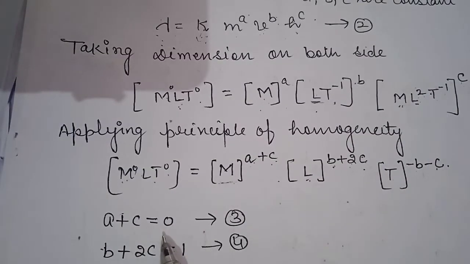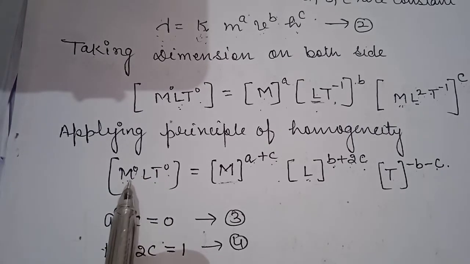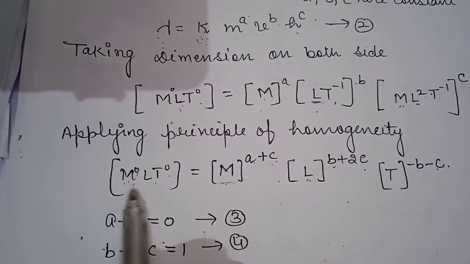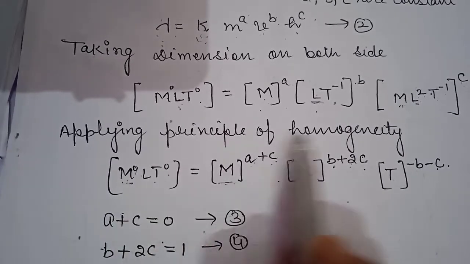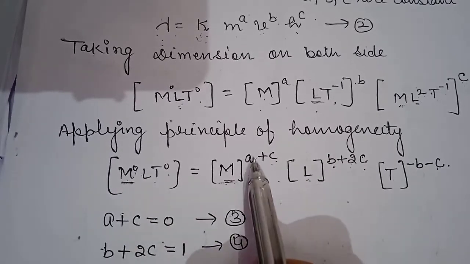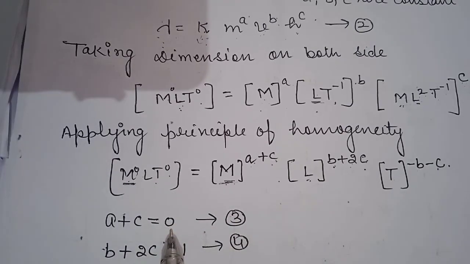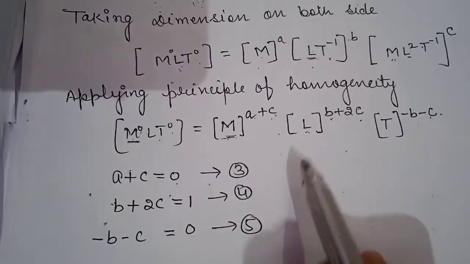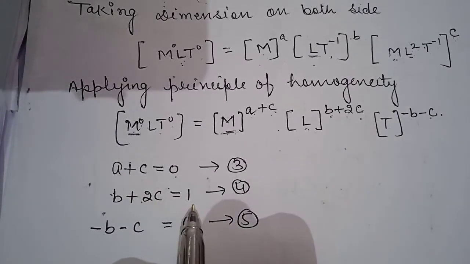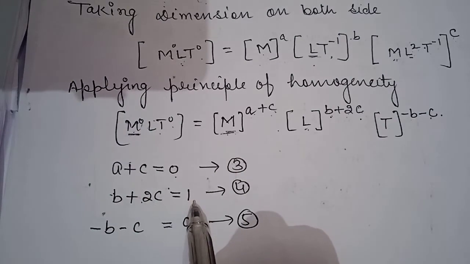In the next step we compare the powers. The base is the same, so by the principle of homogeneity the powers will be the same. For mass, a plus c is equal to 0. For L, b plus 2c is equal to 1, because L is raised to power 1.